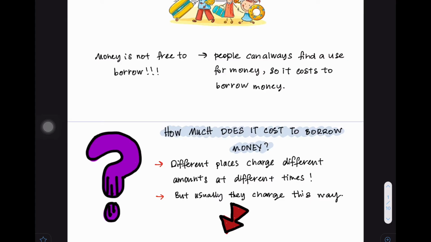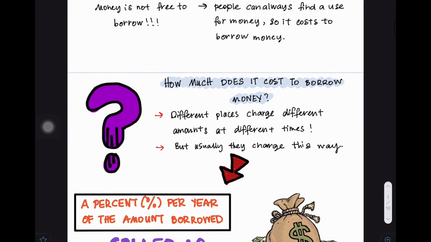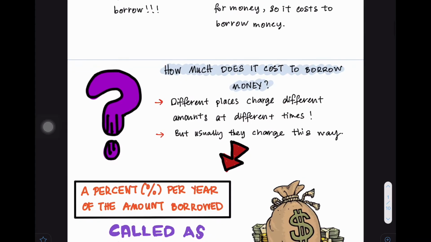So basically selalunya macam mana kita akan di-charge bila kita pinjam duit adalah dalam bentuk percentage per year daripada amount yang kita borrow. A percent per year of the amount you borrow. Means that daripada certain amount yang awak pinjam dekat bank atau dekat mana-mana institution, awak akan di-charge a percent daripada amount tu.